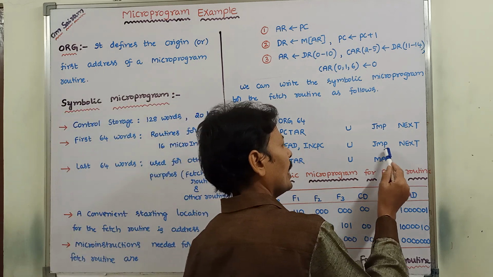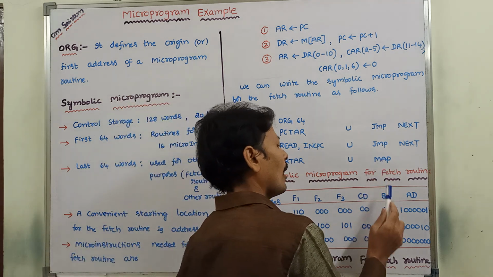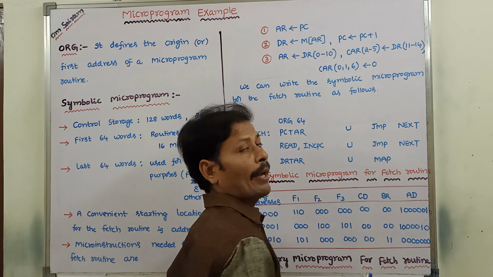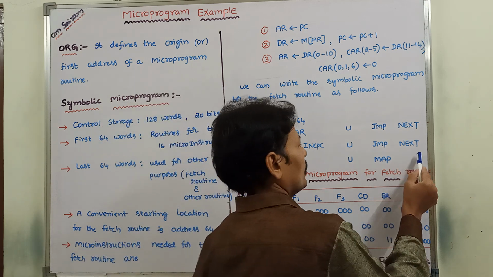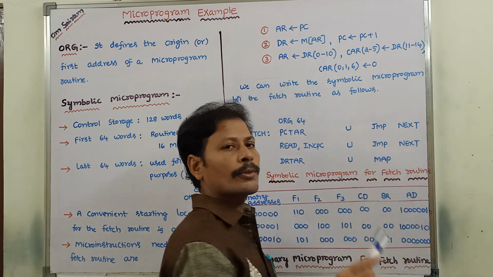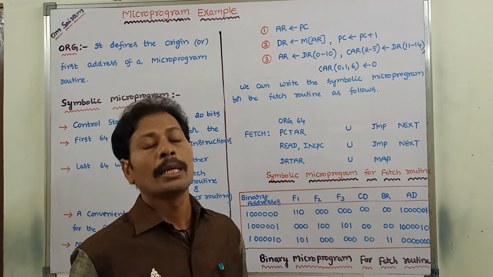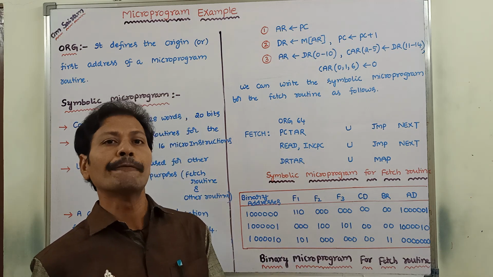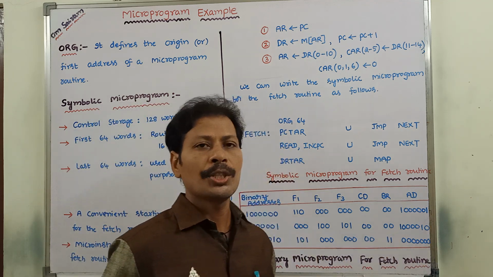Next, the BR field contains map instruction. So for BR map, the corresponding BR value is 11. So up to now the fetch instruction is completed. Then we have to go for the next instruction to be fetched, so the address field can be filled with 7 zeros.